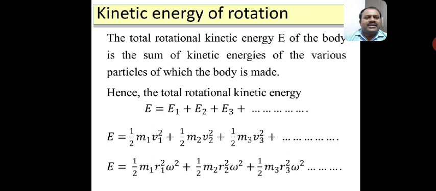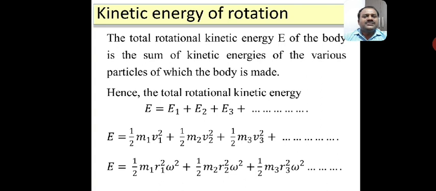Hence, the total kinetic energy E is equal to E1 plus E2 plus E3 etc. So now substituting for E1, E2, E3 etc. we get the kinetic energy E as half into m1 into v1 square plus half into m2 into v2 square plus half into m3 into v3 square plus etc. Now substituting for v1, v2, v3 etc. we get the kinetic energy E as half into m1 into r1 square into omega square plus half into m2 into r2 square omega square plus half into m3 into r3 square omega square etc.